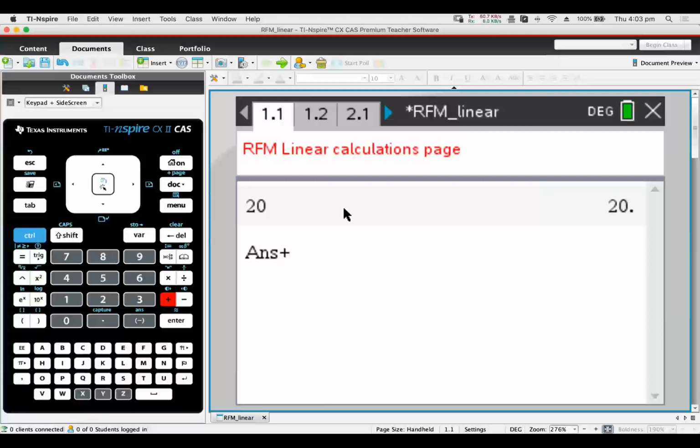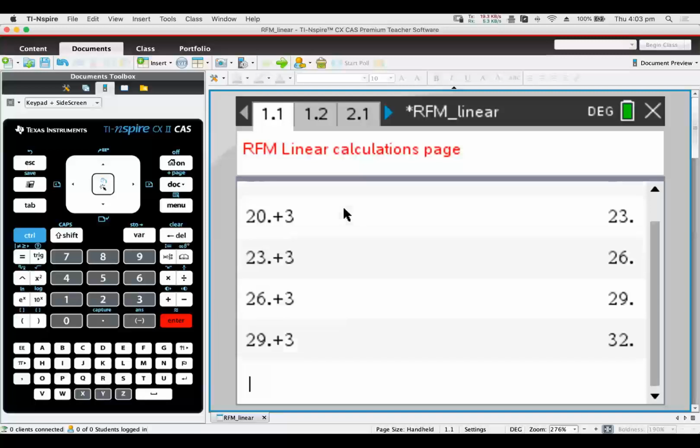So answer plus 3, and press enter, and then if you press enter again, it will repeat the step of adding 3. This process is called recursion, where the next answer is based on the previous answer after some operation, in this case adding 3. I'll do it one more time.